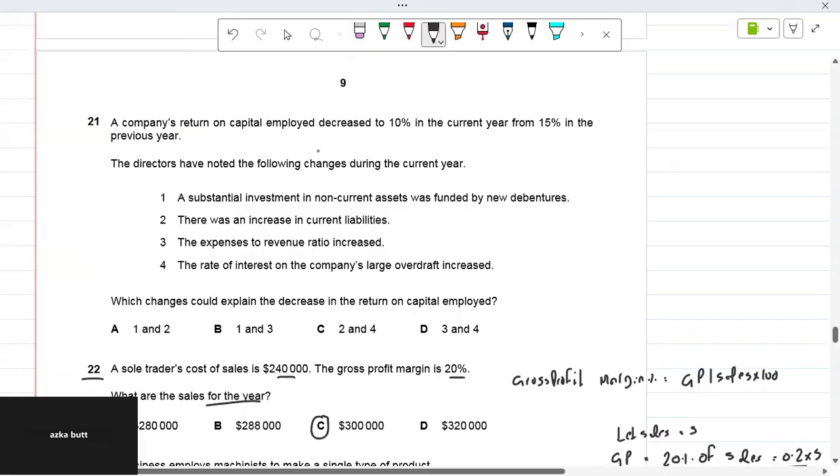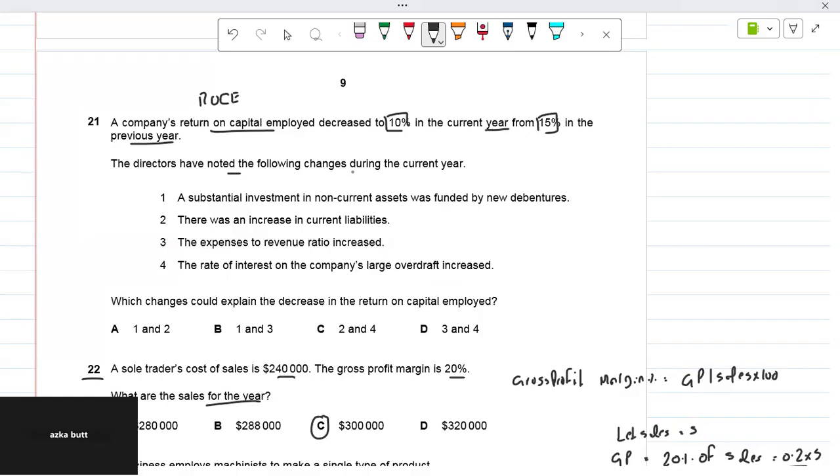Now let's see question number 21. Question number 21 says that the company's return on capital employed, ROCE, decreased to 10% in the current year from 15% in the previous year.